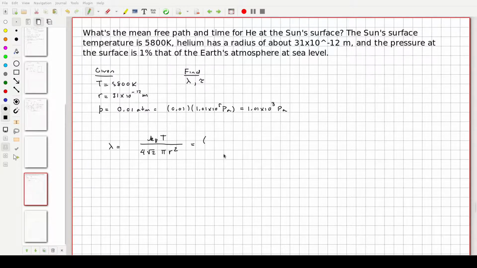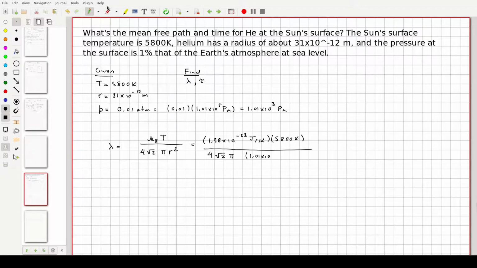Yeah, that was right. 1.38 times 10 to the minus 23rd joules per Kelvin. T here is 5,800 Kelvin. We have 4 square root of 2 pi, and then we have the radius.